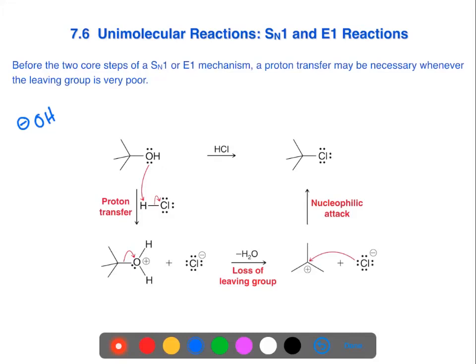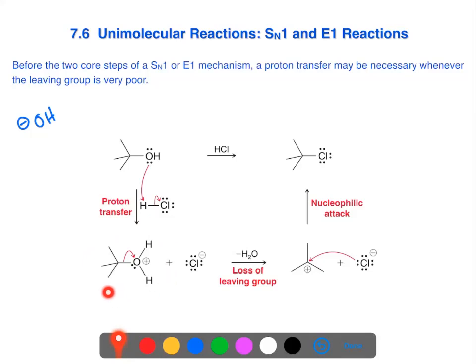Well, we're going to add some acid to our reaction, to our tertiary butanol. And you can see that hydrogen chloride, HCl, hydrochloric acid, is being used as the source of protons. And so when HCl is present, the alcohol, a very weak acid, will react with the stronger acid to give you the oxonium.